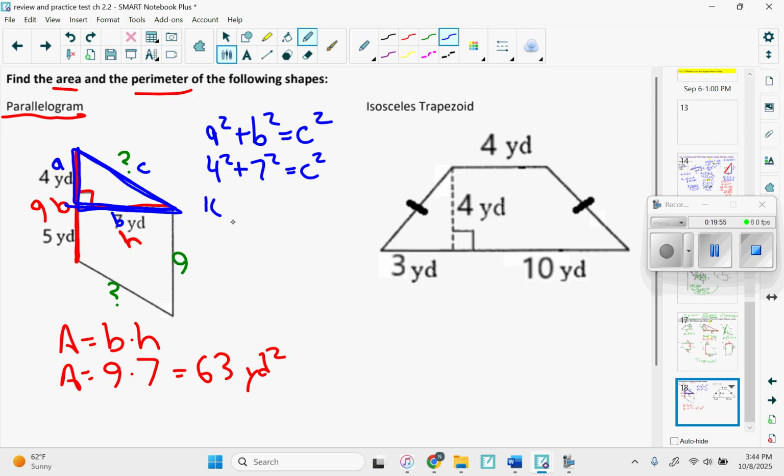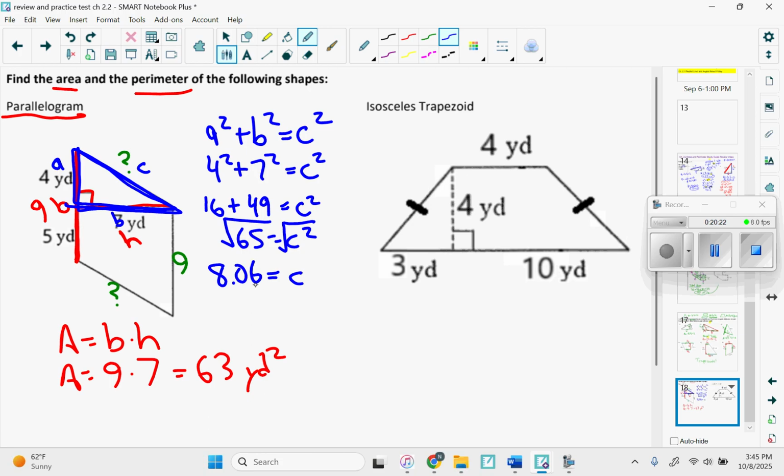So we got 16 plus 49 equals C squared. This is 65 equals C squared. Square root both sides. C equals, if we actually just round to the hundredths place, 8.06.